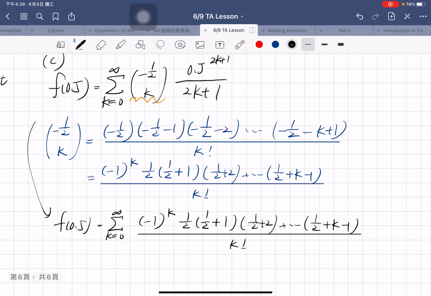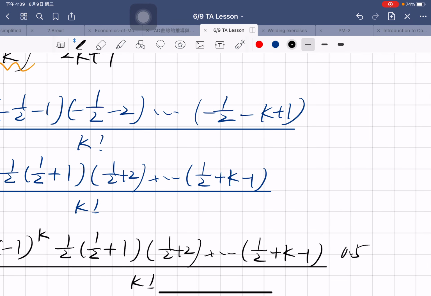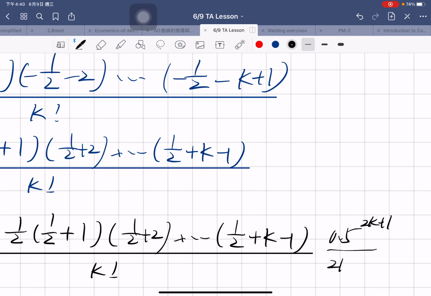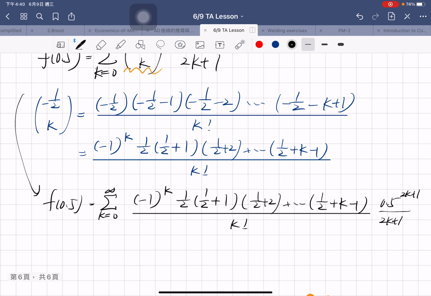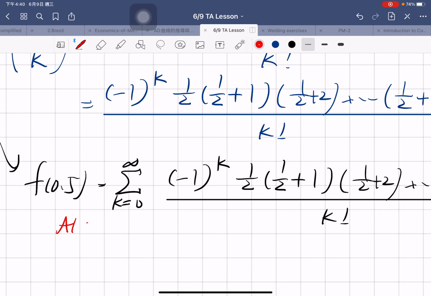And don't forget these two terms, so it will be 0.5 to the 2k plus 1, subtract by 2k plus 1. Okay, so this will be an alternating term. This will be an alternating series.